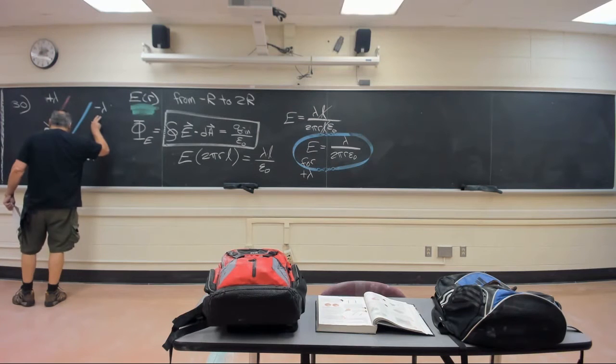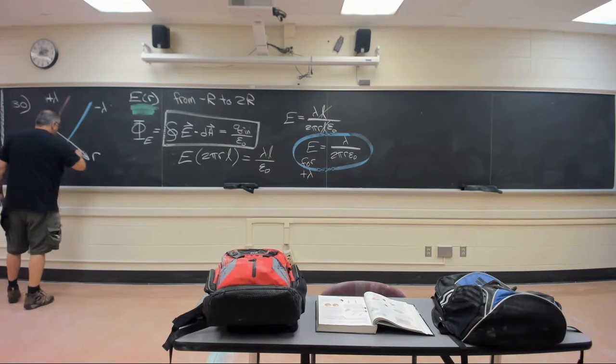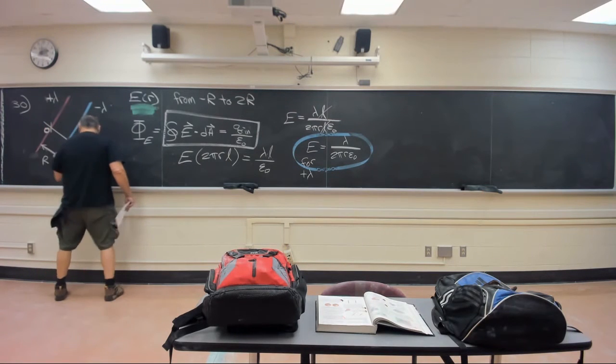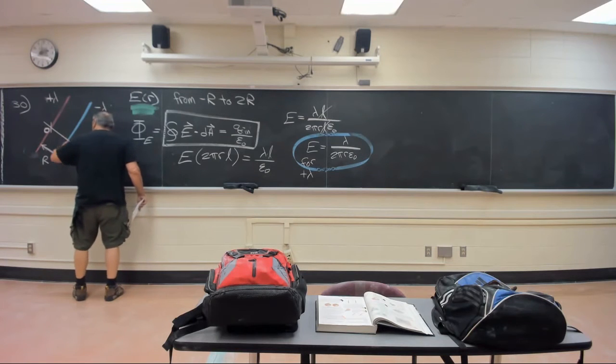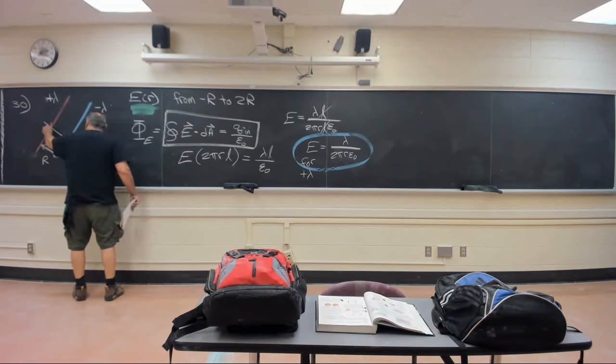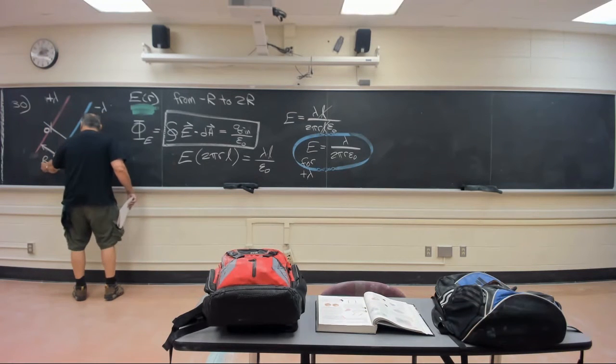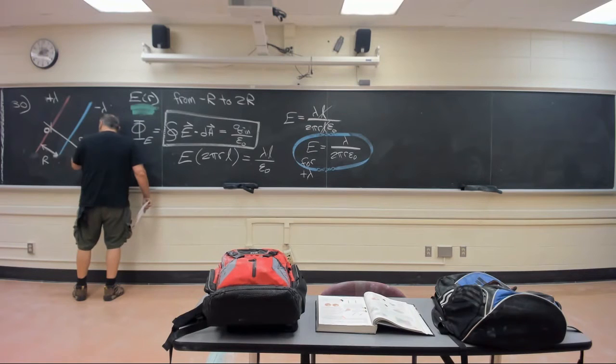For this guy, for the negative lambda, this distance from here to somewhere, that's a length r. For where this thing starts, we're going to do a Gaussian surface. If you're going to do it here for the same point, this length is small r, this length is capital R, and small r minus capital R is this for this guy right here.